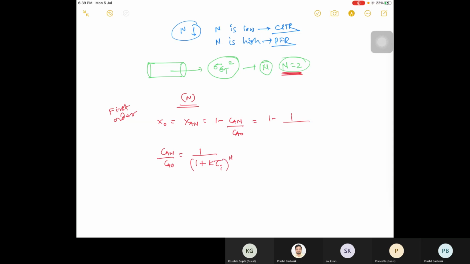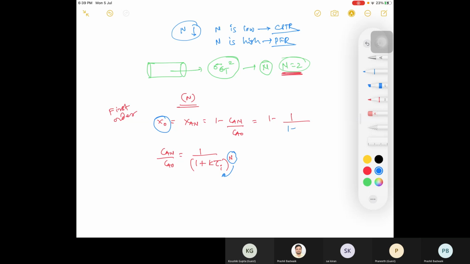To the power n. Now, based on your RTD or your tanks-in-series model, you have found your value of n. If you substitute this value here, you will get conversion, right? Are you able to find this conversion?